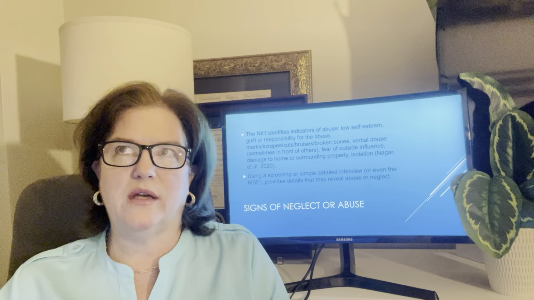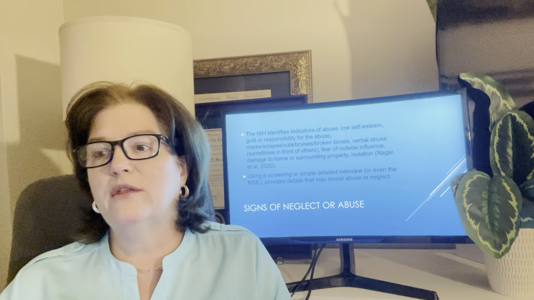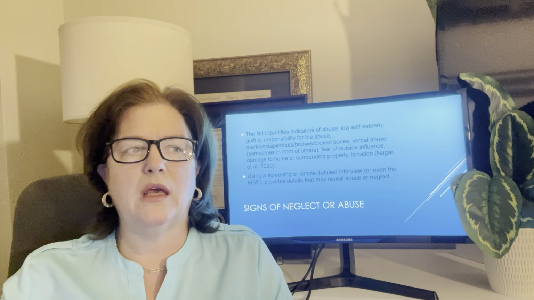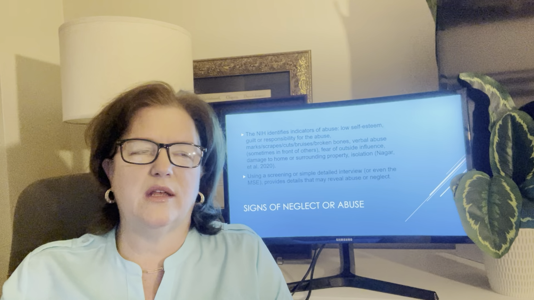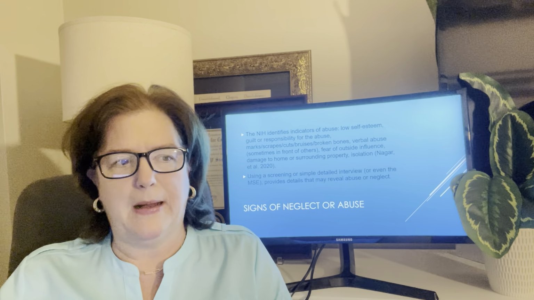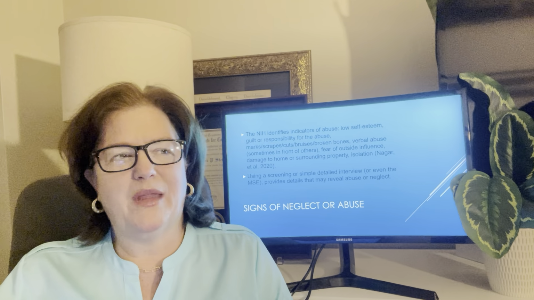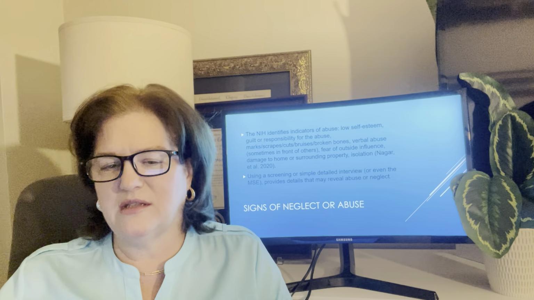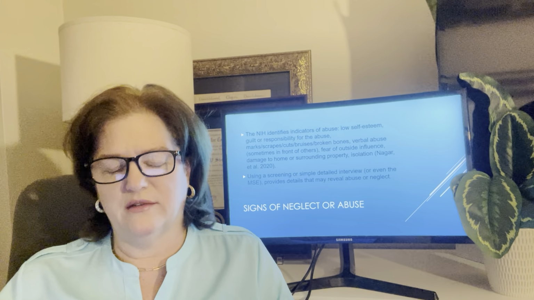At the same time, there may not be obvious and outward signs, but there might be low self-esteem or things that are not overtly visible, like bruises hidden under clothing, or injuries that are not obvious initially. So it may take a little bit of time to find that.